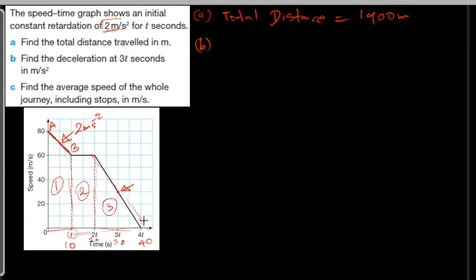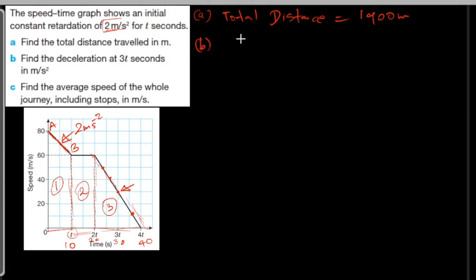That same deceleration will apply for every moment on this portion of the straight line. So we have to find the retardation from 2t to 4t, which will be the same as the deceleration at time 3t.